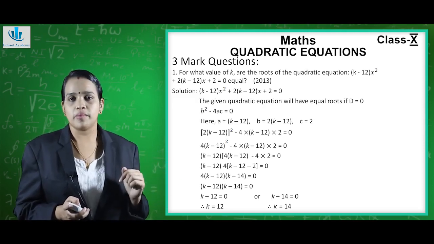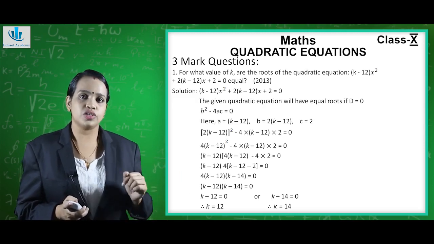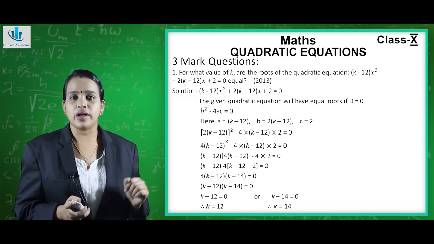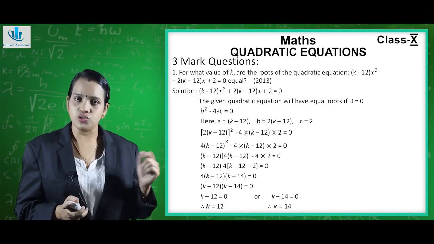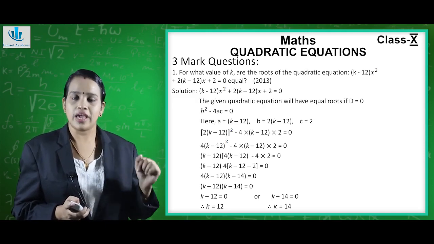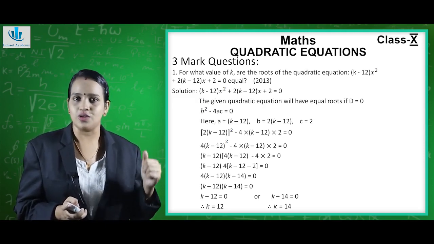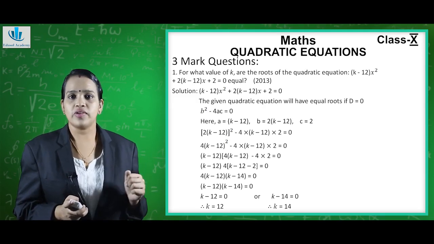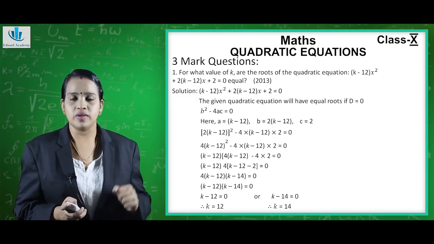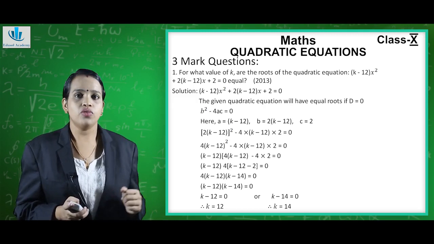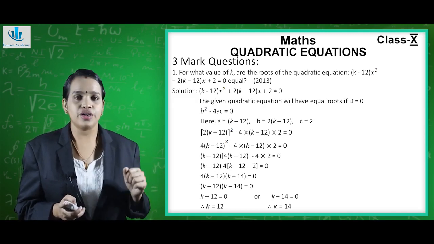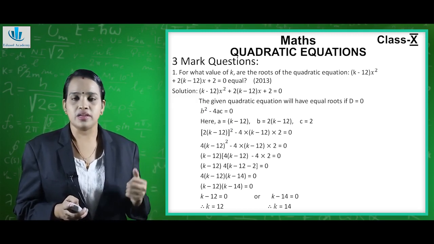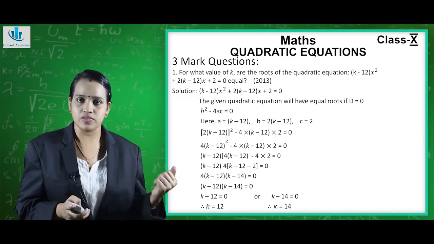Now we will solve the bracket first over here. So 2² gives 4 and (k − 12)², minus 4 into (k − 12) into 2, which is equal to 0. Now here we can take (k − 12) as common. So (k − 12) into what remains over here: 4 into (k − 12) − 4 into 2, which is equal to 0.